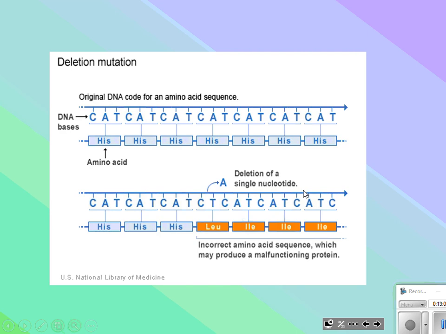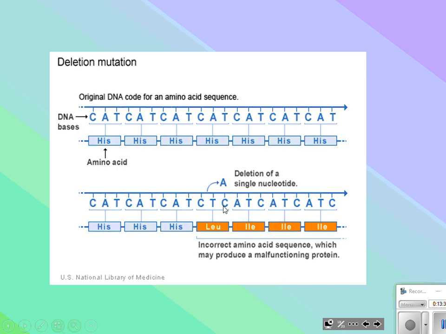Now, here is an example right here. See the CAT? We took out the A. So we have deleted that A. Now, instead of, if you look, all of these are HIS, HIS, HIS. If we took out that A, we moved everything down.